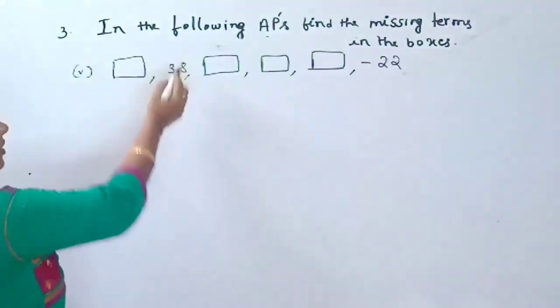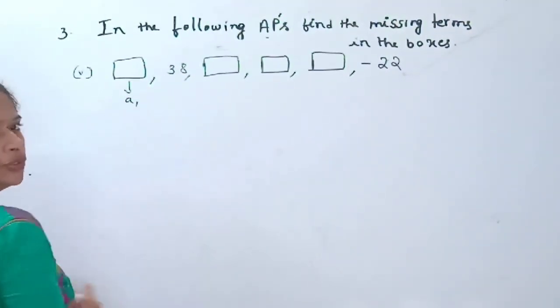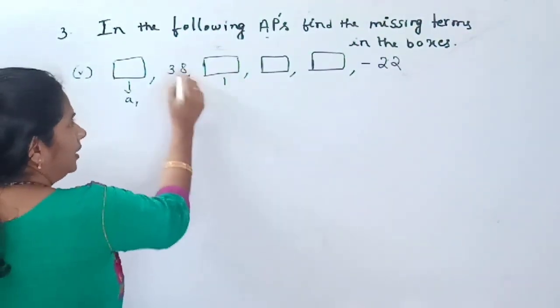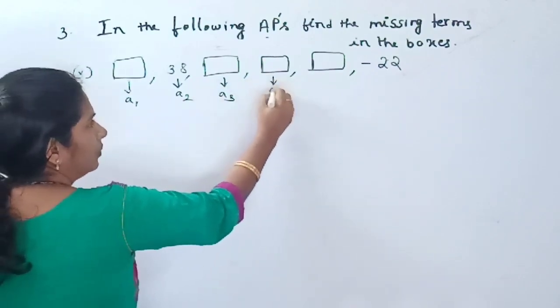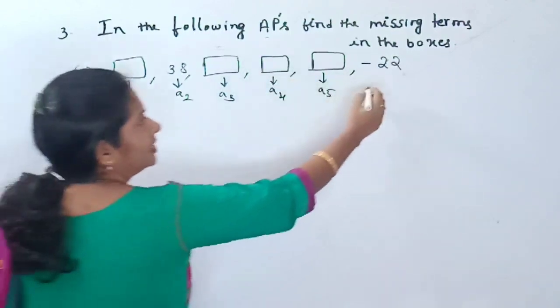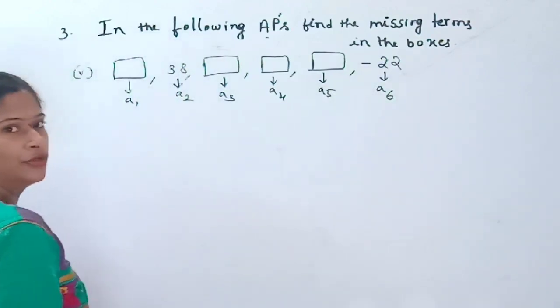Coming to the fifth problem, A1 term we don't know, we have to find out, children. The second term is given, 38. So the third term we don't know, the fourth term we have to find out, children. Even the fifth term also we have to find out, and the sixth term is given. So the sixth term is -22.